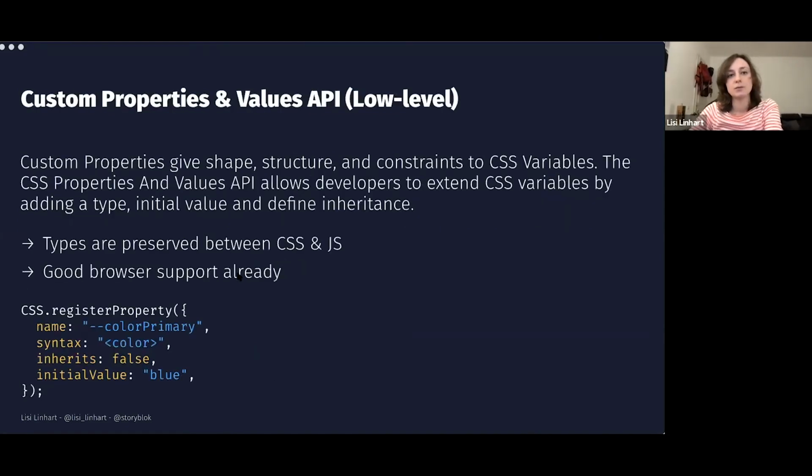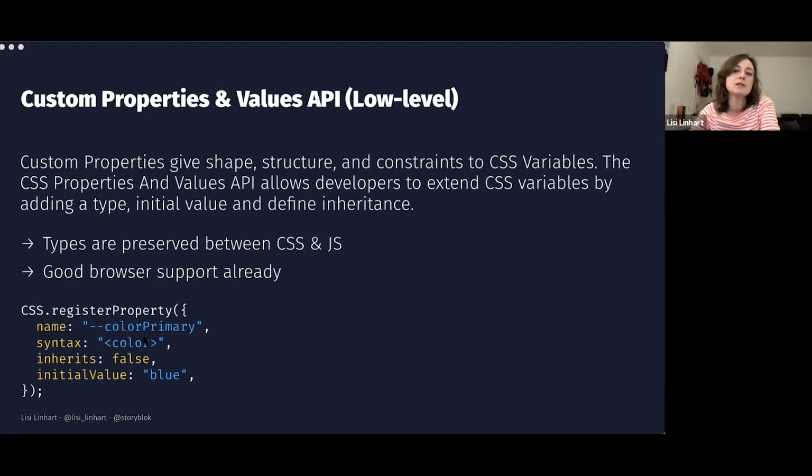And then we have the custom properties and values API. This API gives structure to the CSS variables, and it allows us to extend the CSS variables by adding a type. At the bottom is a short example of what that might look like. We could have a variable color primary, and say if it inherits and what the initial value is.